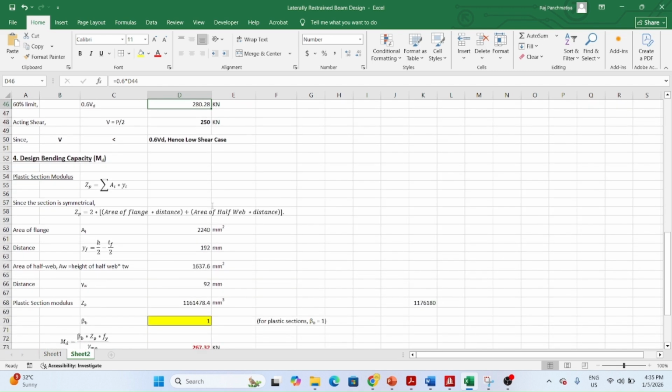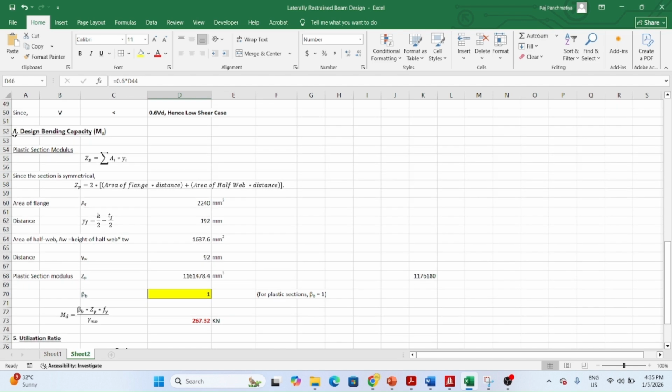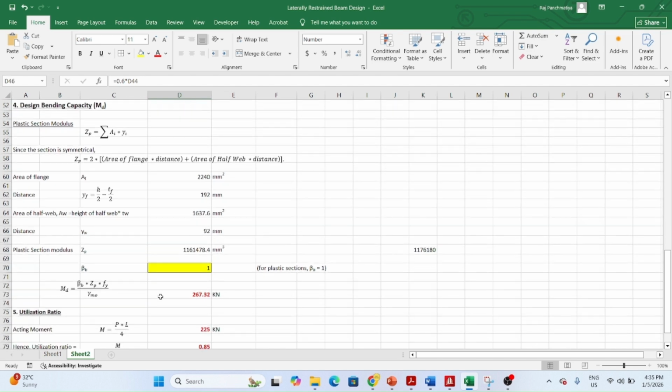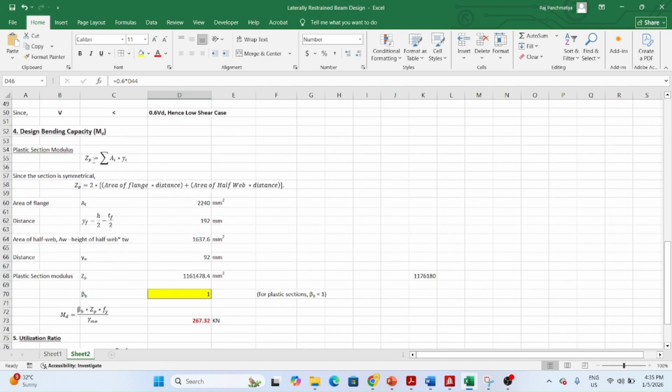So for the low shear case, what is the formula for design bending capacity? It is MD is beta B ZP fy by gamma MO. What is ZP? Plastic section modulus. Why are we using ZP? Since our section is a plastic section, we need to calculate the plastic section modulus ZP. ZP is given by the summation of AI into YI.